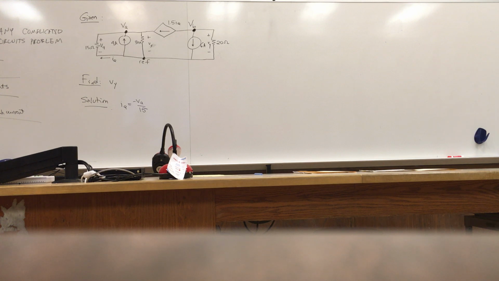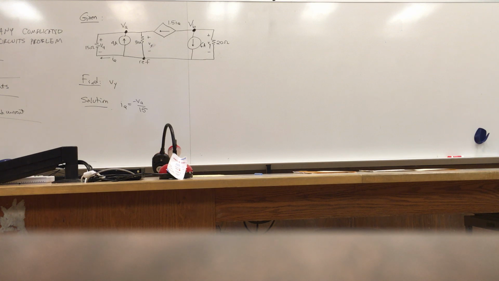Do I have a voltage source? No. So I'm done with that step, because there's no voltage sources. But if there was a voltage source, I'd have to do something. But since I don't, okay, now for node voltage analysis, the last step is to write Kirchhoff's current law for all non-reference nodes.